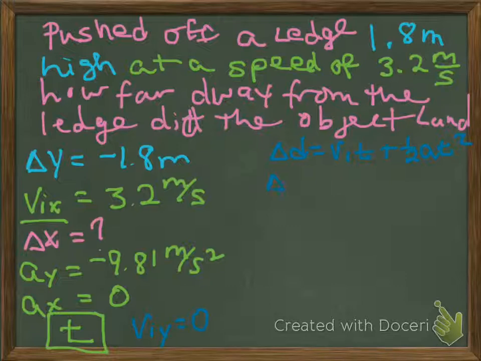So delta y is equal to, this part's going to be 0 because VIY is equal to 0, 1/2 AY T squared. Notice I keep all the y's together when I'm looking at the y component. Keeping that in mind, I have negative 1.8 meters is equal to 1/2 times negative 9.81 t squared.